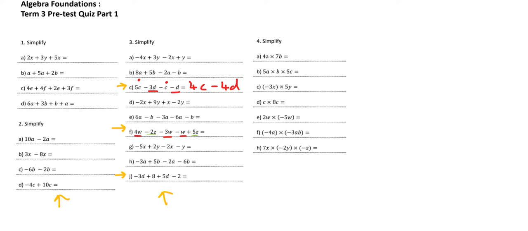So we've got 4w minus 3w is w, minus w is 0, and we've got 5z minus 2z, which is 3z. The last one, we've got d's. That gives us 2d. Then we've got numbers here. 8 minus 2 is 6.